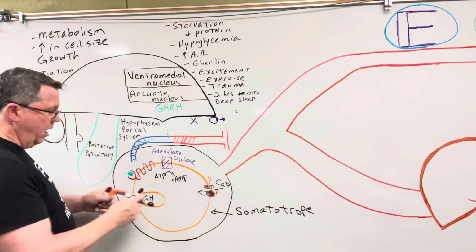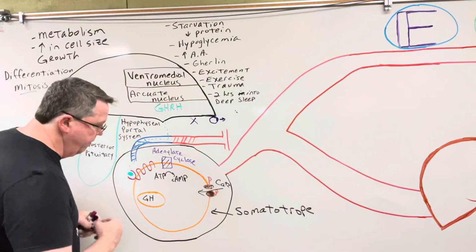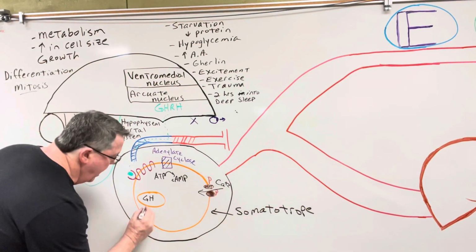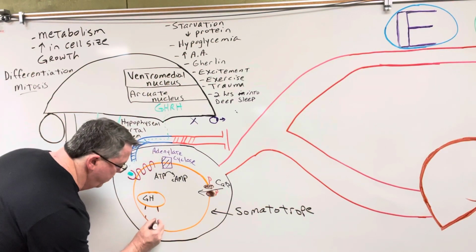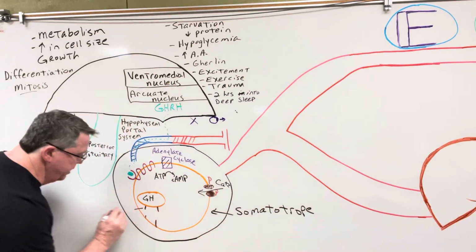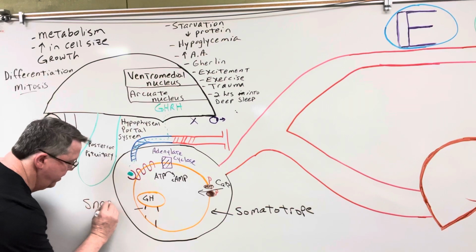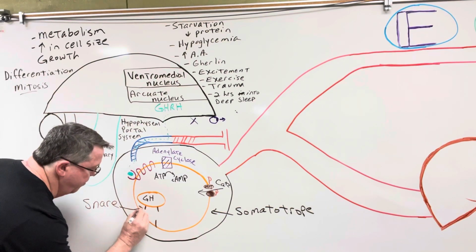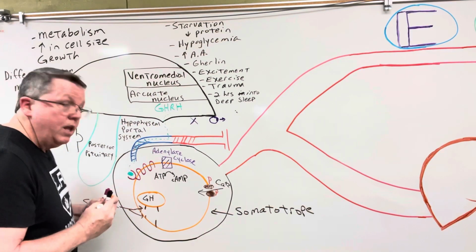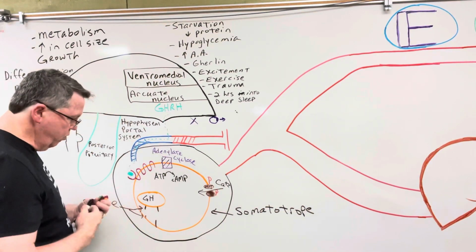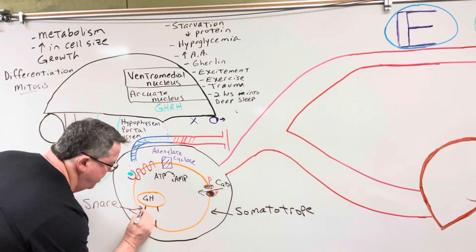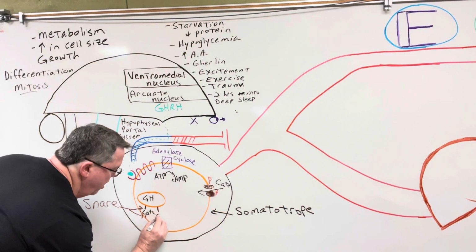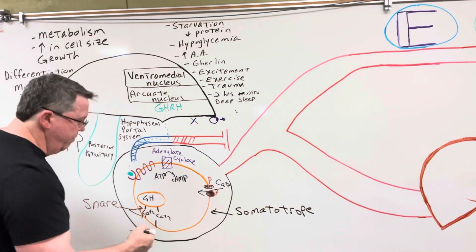Now, attached onto this vesicle and attached onto my somatotrope membrane, I am going to have proteins. And we are going to call these snare proteins. Okay, so we're going to have snare proteins. Okay? This calcium now is going to come and it's going to connect these snare proteins from the vesicle onto the cell membrane of the somatotrope.